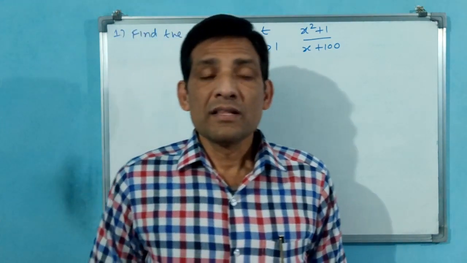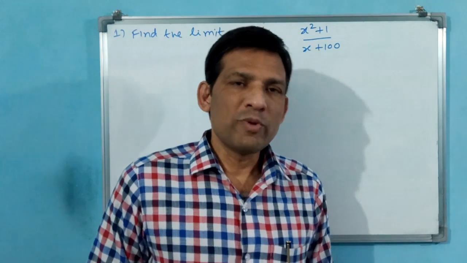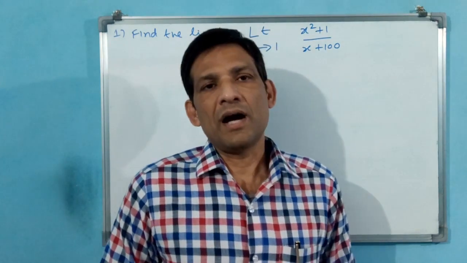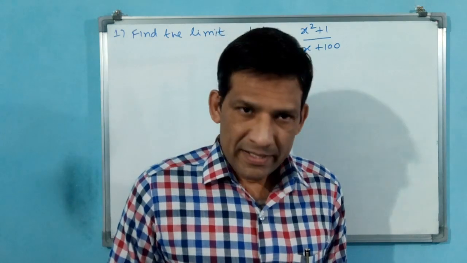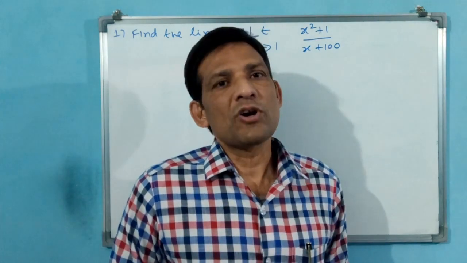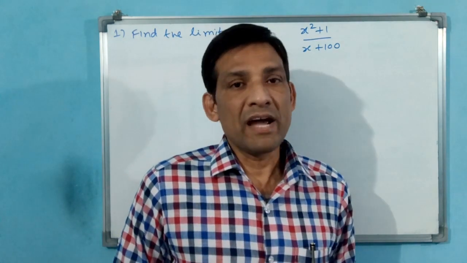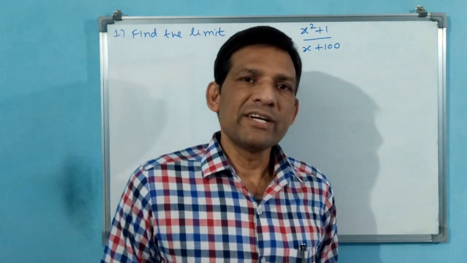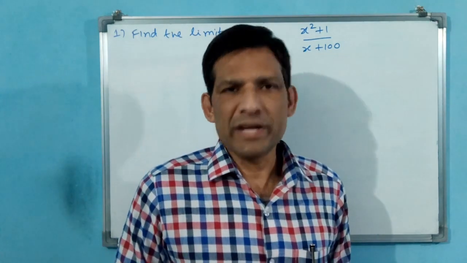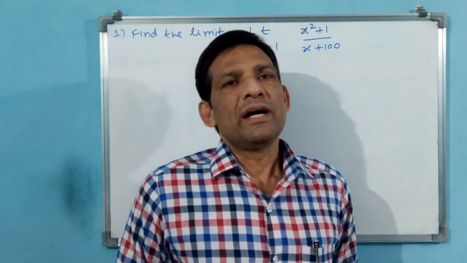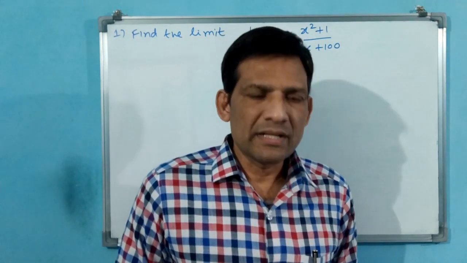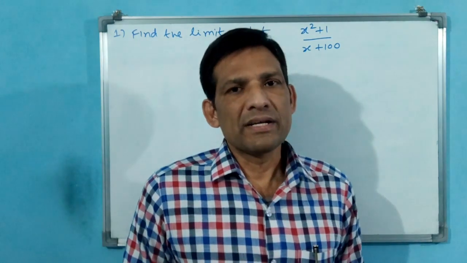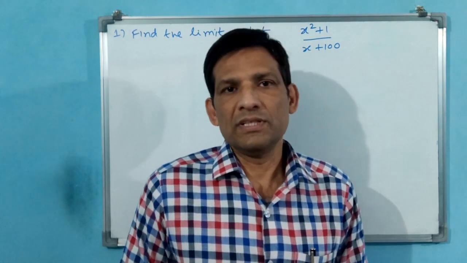Third case: both numerator and denominator are 0. At that time only we have to go for either the factorization method or standard derived limits. Standard derived limits are there for trigonometry, and not only trigonometry, some others are also there.